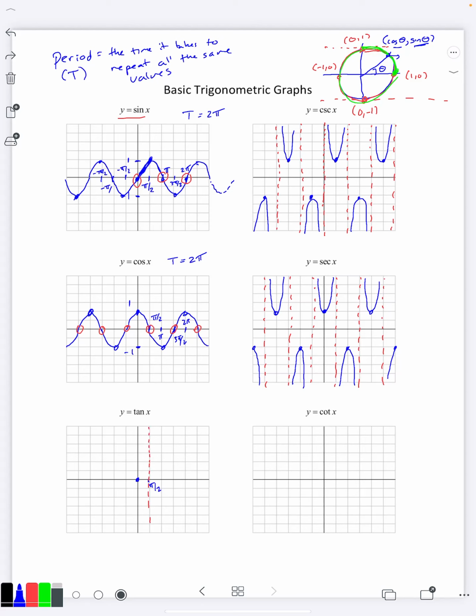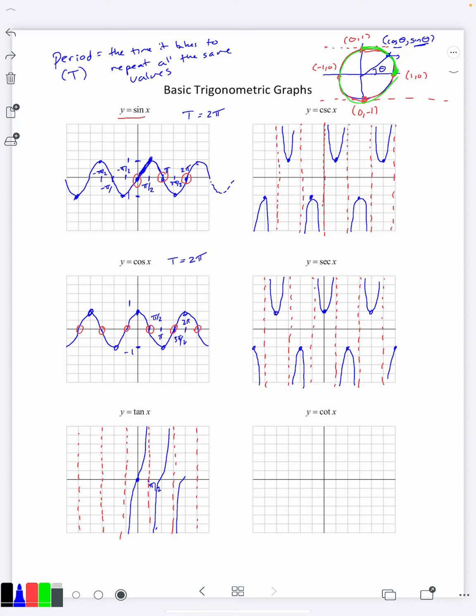And it basically gets bigger and bigger and bigger. On the left side, it goes down here. And then if I continue this process around the circle, I'm not doing all the work here. We're just trying to get the basic graphs down so you can see them. And this time it's going to repeat in this way.